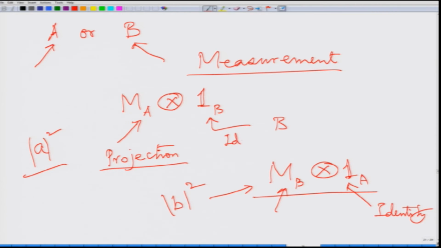Similarly, here it is identity, which means it does not change B.